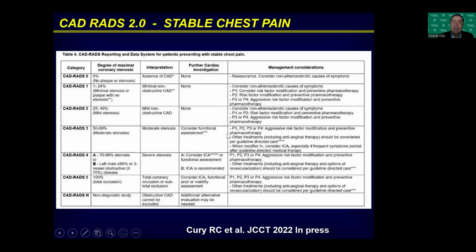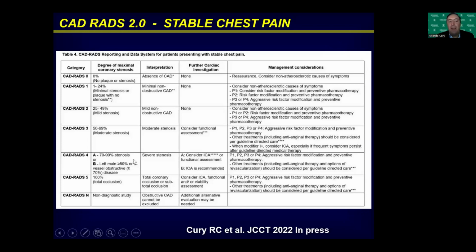Also, CAD-RADS 3 favors functional assessment, and a functional assessment could be with nuclear perfusion imaging, CT-FFR, stress echo, stress MR, stress PET, any functional assessment, a stress test.